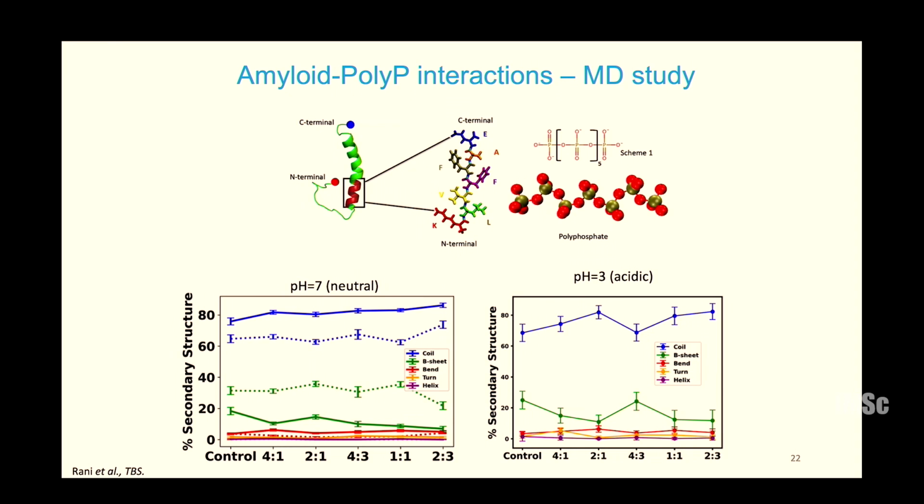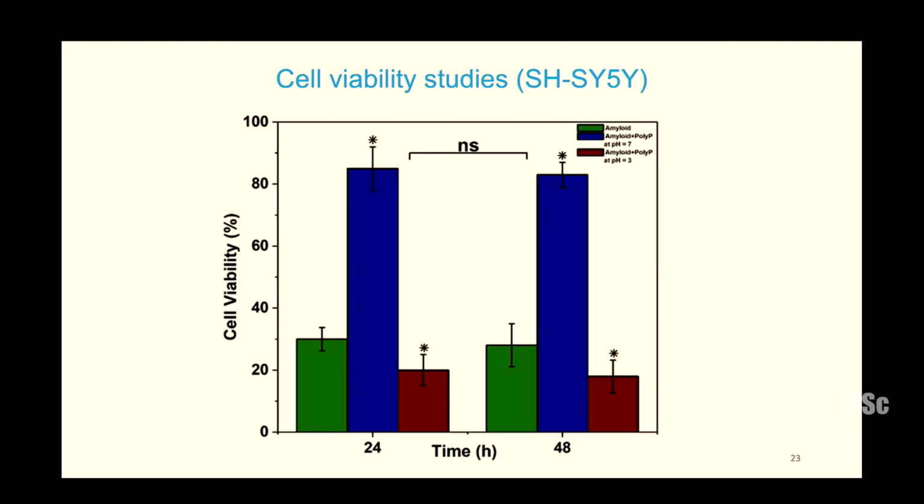We are not seeing the complete story here, but there seems to be some suggestion from the simulation that there is more beta sheet formation at pH 3 compared to pH 7, even at a single monomer and polyphosphate level. Going forward, we want to look at a more coarse-grained model to see phase separation in the full scale system.